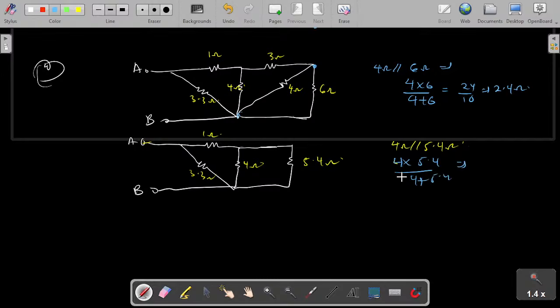You punch this on the calculator. 4 times 5.4 over 4 plus 5.4, and that is 108 over 47.